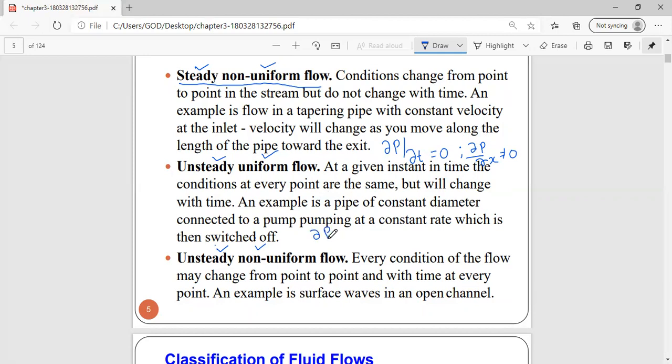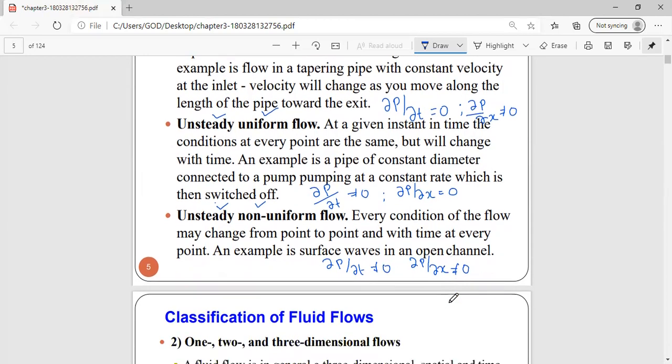That means dou P by dou T is not equal to 0 because it's changing. But it is uniform, so dou P by dou X is equal to 0. If you write for the last equation, dou P by dou T is not equal to 0 because it is changing with reference to time. Similarly, it is changing with reference to space also, not equal to 0. Okay, I hope you understood this.